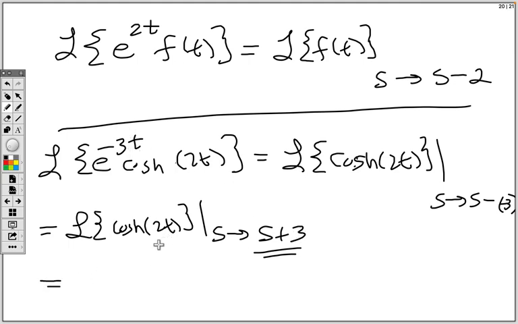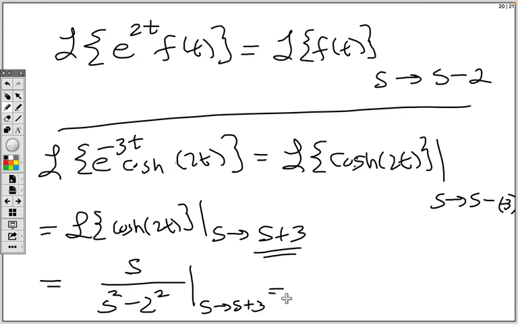And I know the Laplace of cosh 2t. That's what? S over s squared minus 2 squared. I'm going to replace s with s plus 3. So everywhere I see an s, either literally or in my mind's eye, replace it in parentheses, replace it with s plus 3.